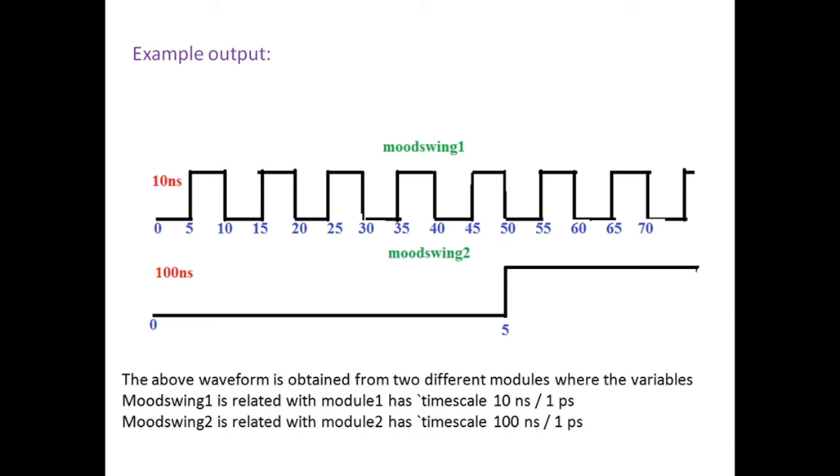That means, can I say that the mode swing 1 is executing 10 times for each execution of your mode swing 2? You can see here.